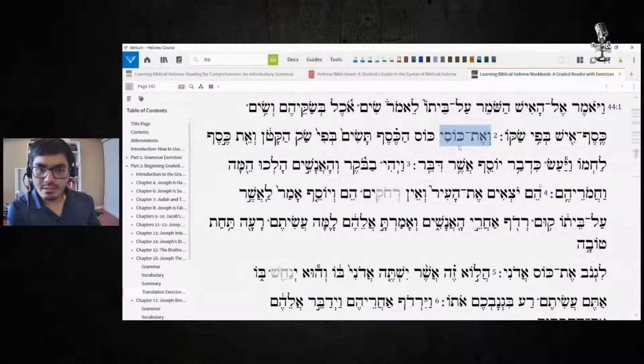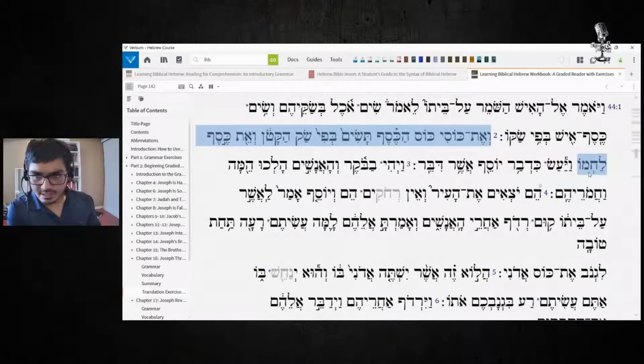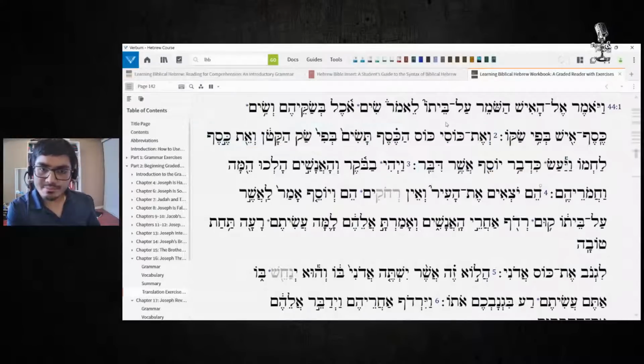Verse 2. Ve'et gevi'i gevi'a hakesef tasim bepi sak hakaton ve'et kesef shivro vaya'as kidvar Yosef asher diber. And my cup, the cup of silver, you will place in the mouth of the sack. Notice that the indicative is being used in an imperatival sense here.